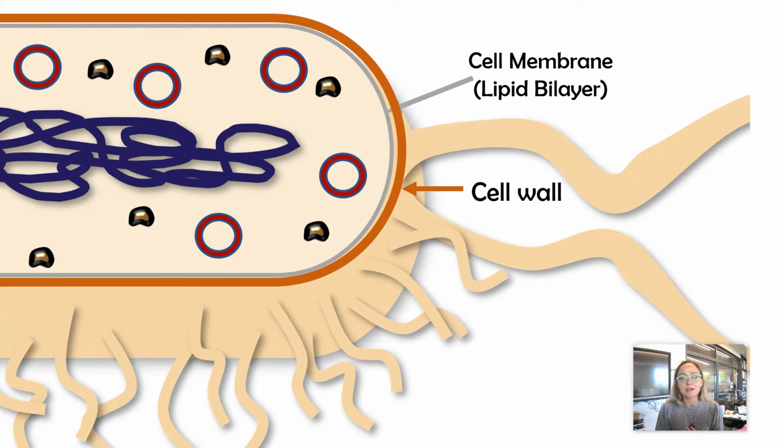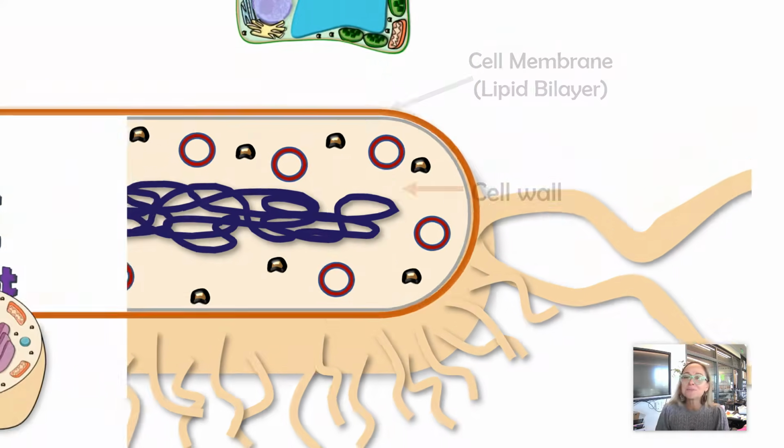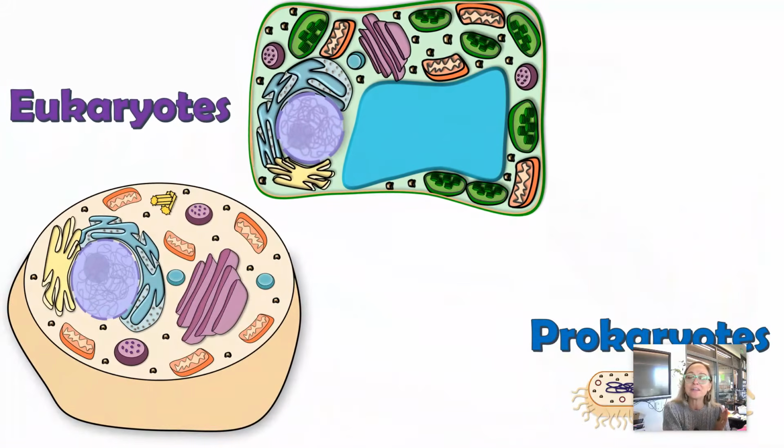So if you are talking about a cell membrane, make sure you do not accidentally write a cell wall, like in an essay or something. They have two different purposes, and they are two different structures. Cell membranes surround all cells, and then all prokaryotes have a cell wall on the outside of that cell membrane.